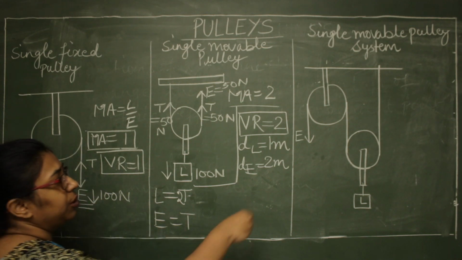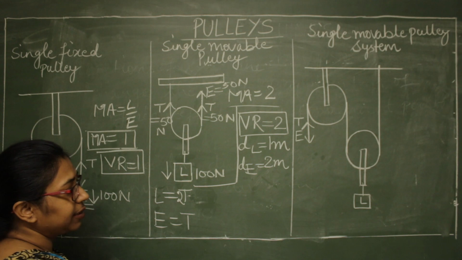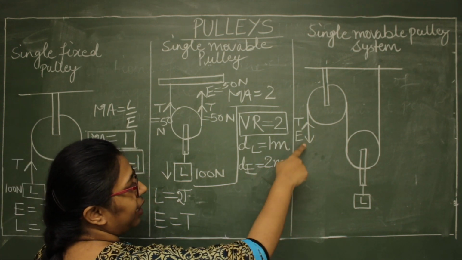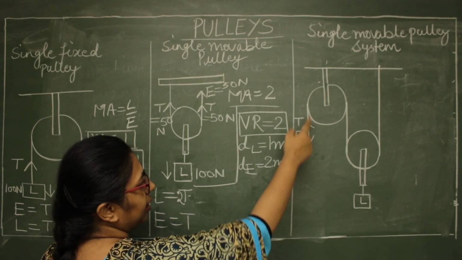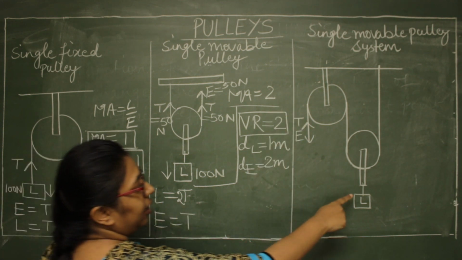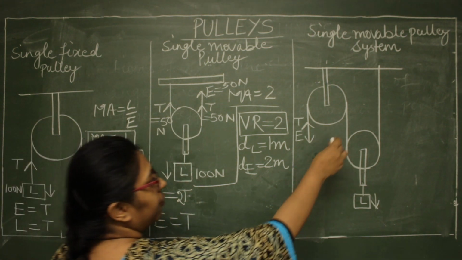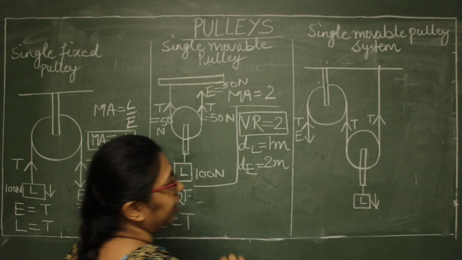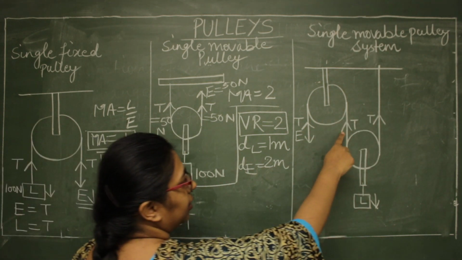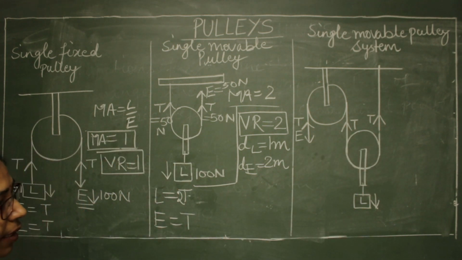In this one also, the tension is going to act on all the strings. Effort is applied on this rope, therefore tension is across this in the upward direction. Load always acts in the downward direction because of gravity. Therefore, tension will be in the upward direction, and it is equal in both the strings.